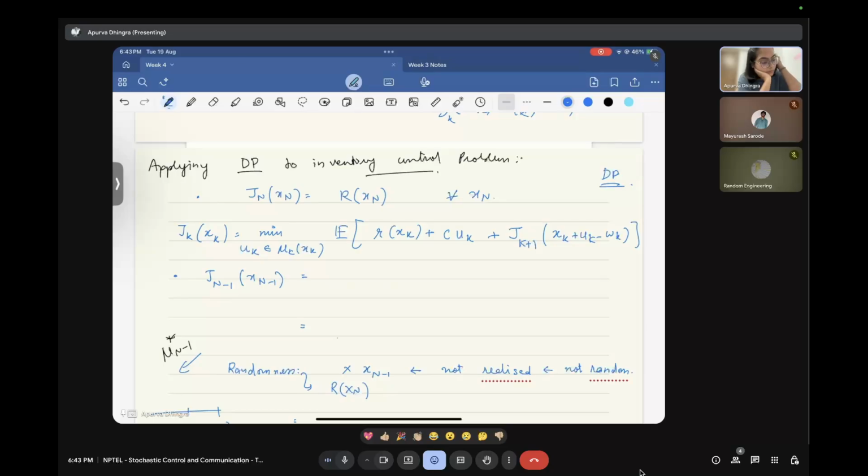So at n minus 1, we have to minimize over u n minus 1 for the set of values that it can take. But recall, we have never said anything about what kind of values it can take. The only condition is that u n minus 1 or any of these u's should be more than 0. The demand that is placed is positive. So this u n minus 1 is just more than 0. That's about it.